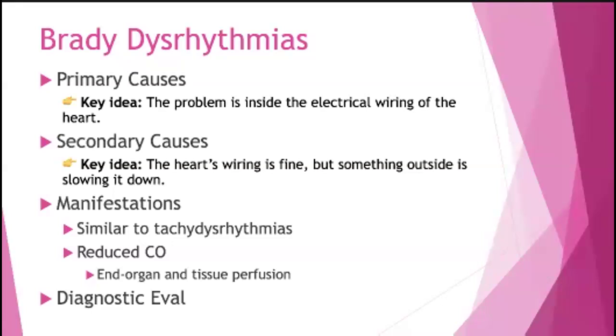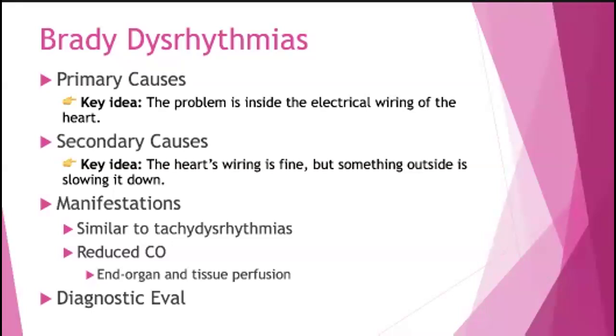Our secondary causes are going to be things outside the heart. They're much more common in children. These are due to conditions outside the conduction system that slow the heart down. So hypoxemia, low oxygen level, is the number one cause of bradycardia in peds.